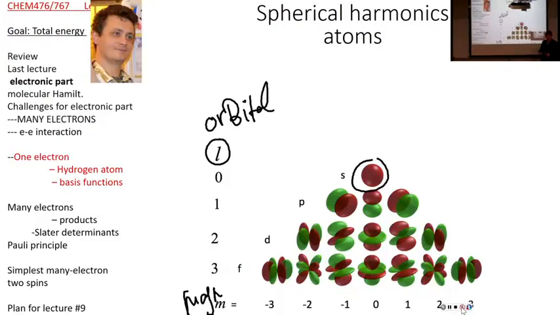Atomic orbitals. Thank you. So what are the axes? The orbital quantum number and the magnetic quantum number.